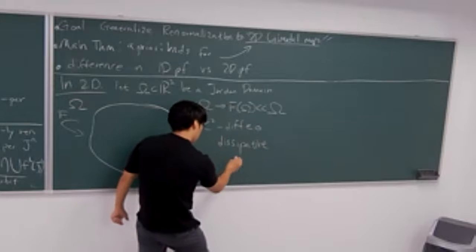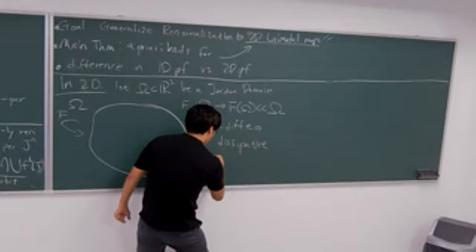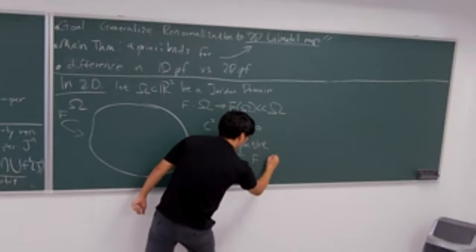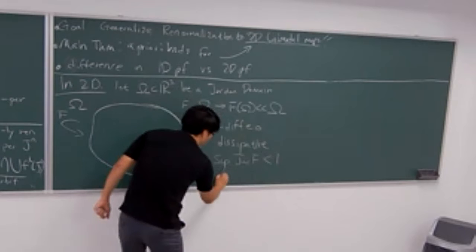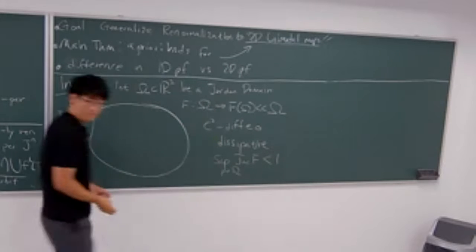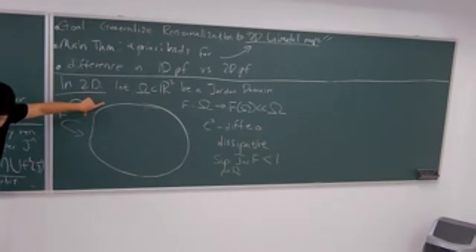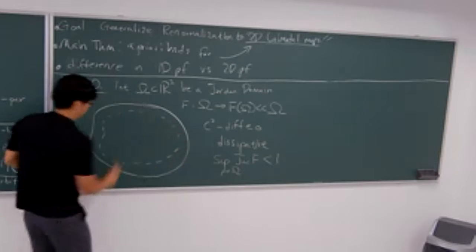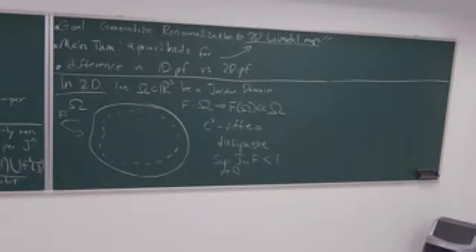Dissipative means that the supremum of the Jacobian of F is strictly less than 1 for all points. So F takes this Jordan domain and it maps it strictly inside. Right, so that's the setting.